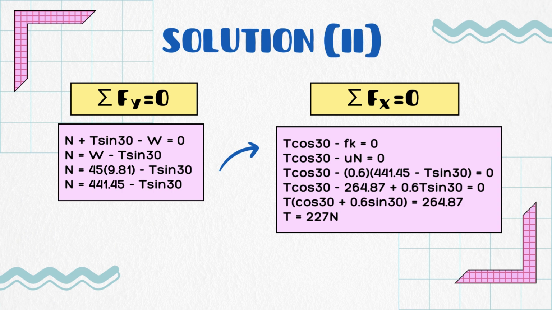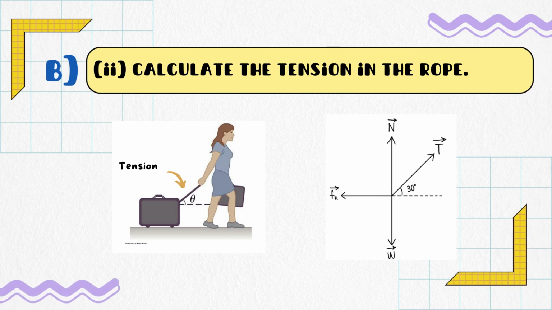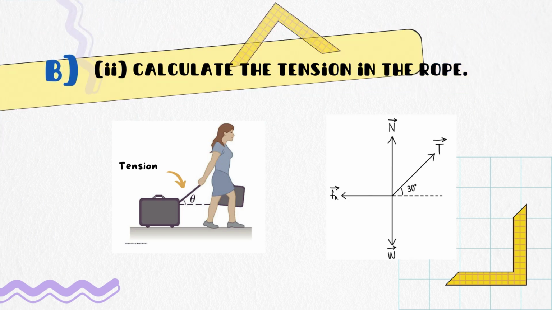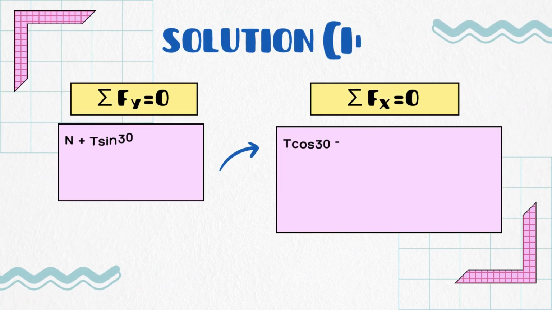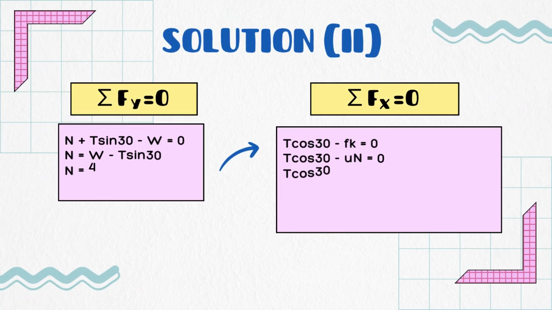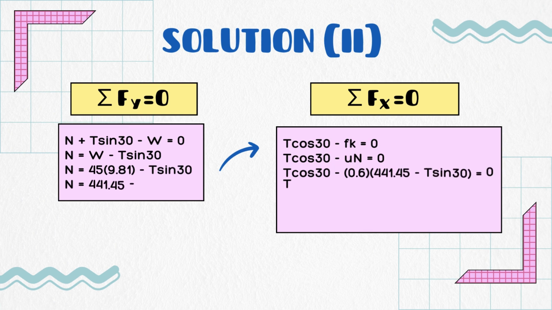The Fx is the horizontal force, so let us refer to the free body diagram. The horizontal force has tension and also kinetic friction. So you need to write tension T minus Fk. So T cos 30 minus Fk, which means kinetic friction, equals 0.